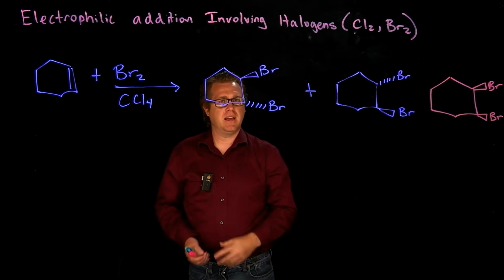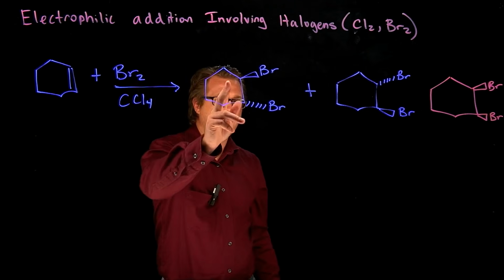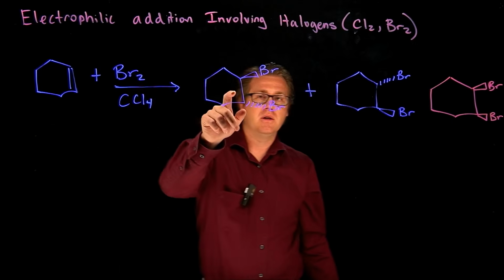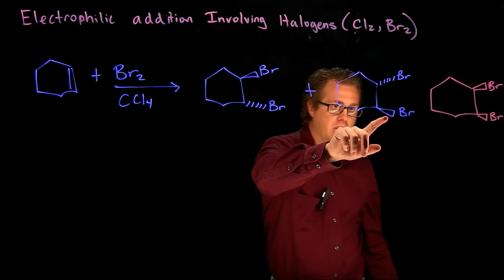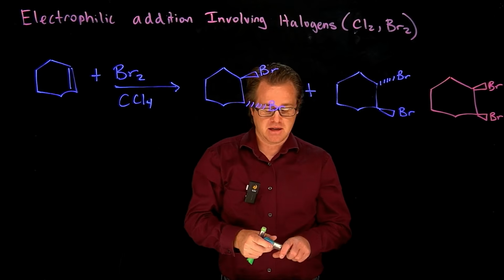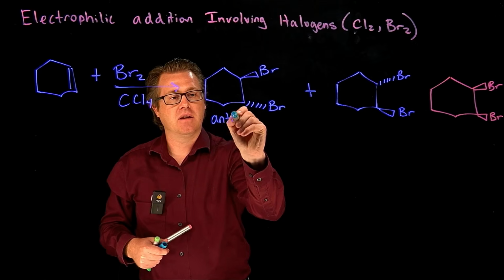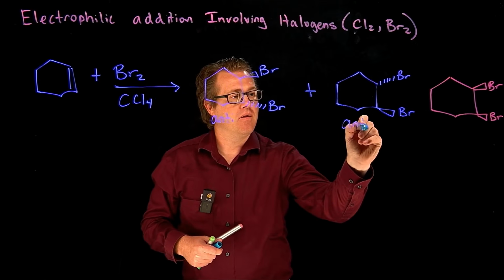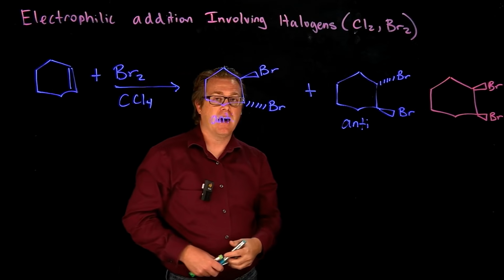So what do we see in here? With respect to this ring, you can see that the two products that are formed, one halogen is a wedge, and one is a dash. One wedge, one dash. And so those two products, the bromine is adding in an anti-fashion. Those bromines are not on the same face of that molecule.